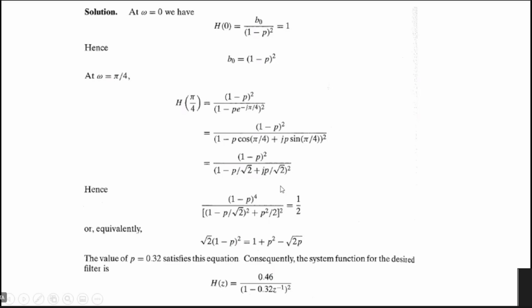A plus jb whole square. Okay. So a is (1 minus p by root 2) whole square, and you try to calculate yourself.